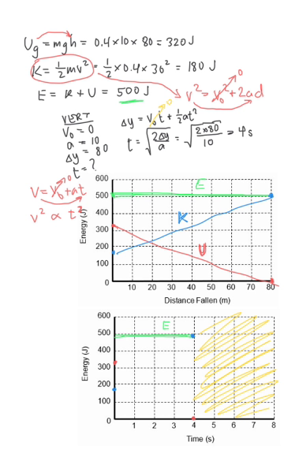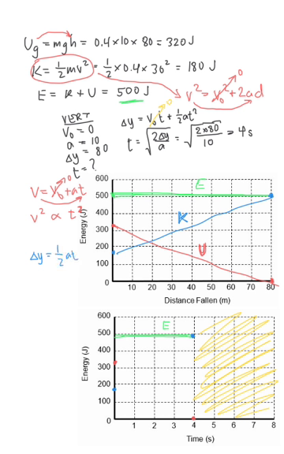Let's look at it also with the gravitational energy. The gravitational energy, U, is proportional to mgh. Remember, h is the height above the ground, which is also linear with the distance fallen, as shown in the previous graph. And we know that the distance fallen, delta y, is equal to v0t plus 1/2 at squared.